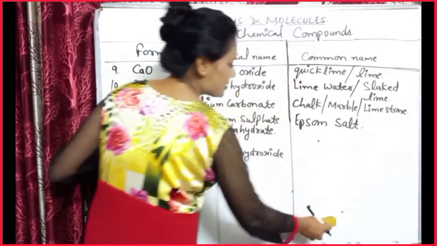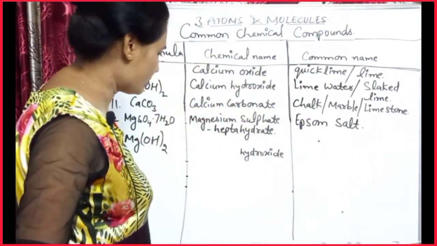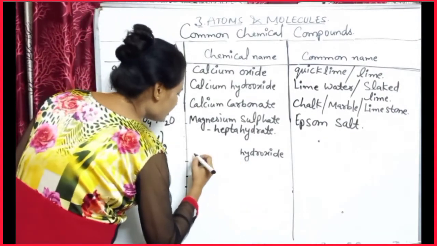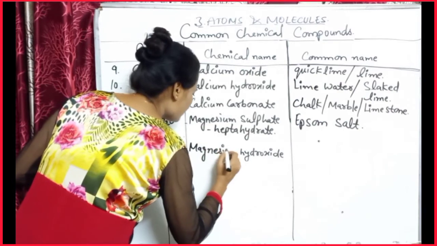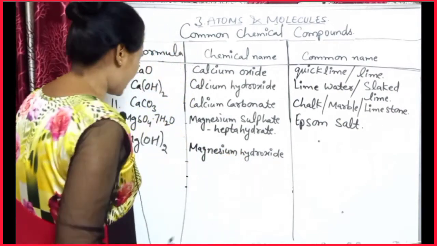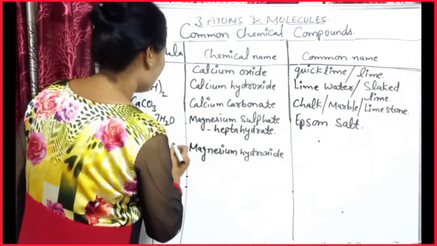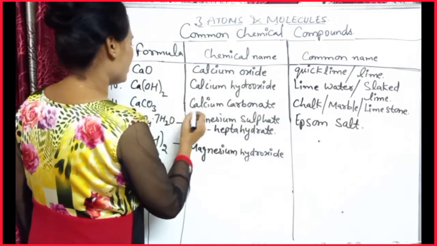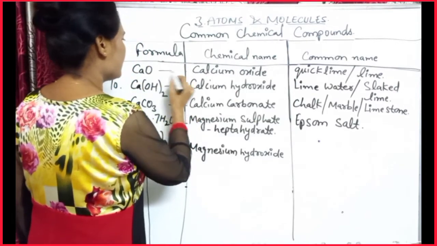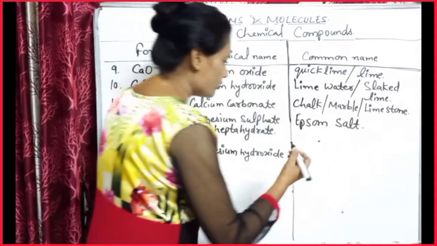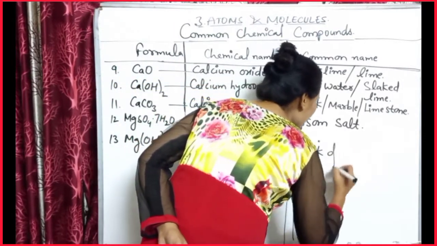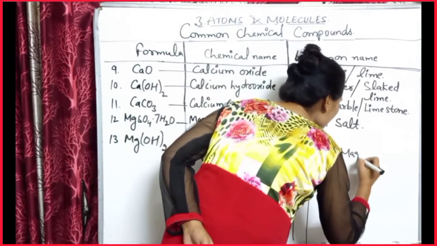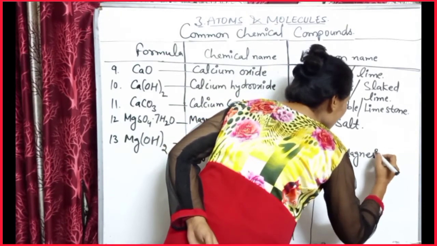It is a base of magnesium. So we can write here magnesium hydroxide, and this magnesium hydroxide is commonly known as milk of magnesia.